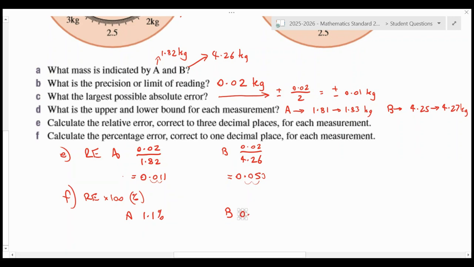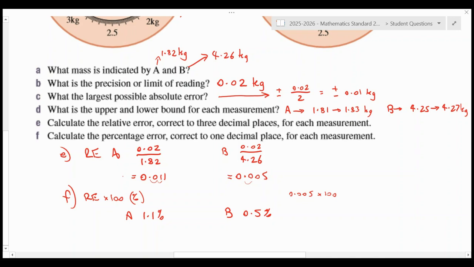That should be 0.005, which ends up being 0.5%, because that is 0.005 times 100.